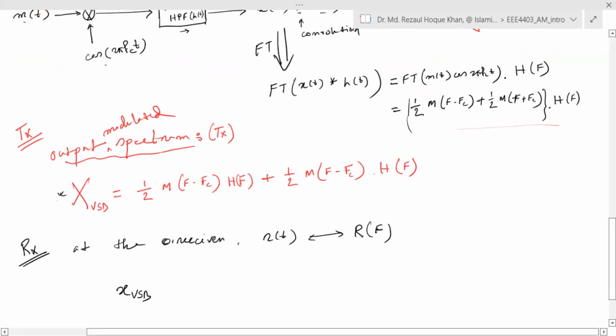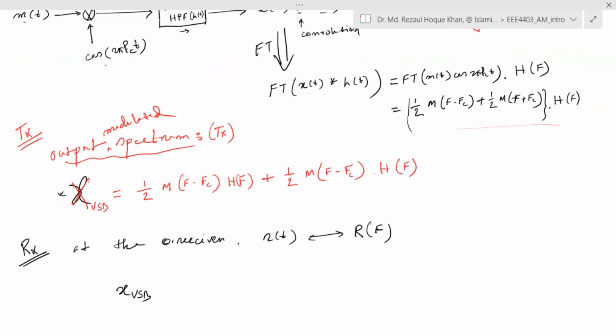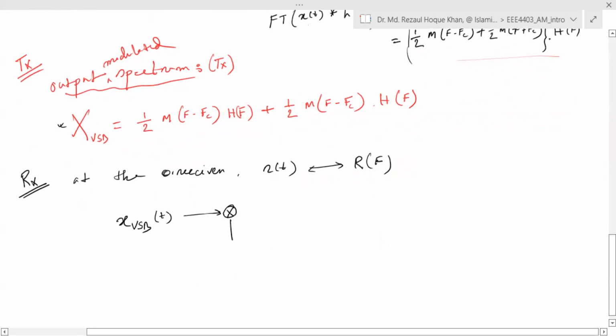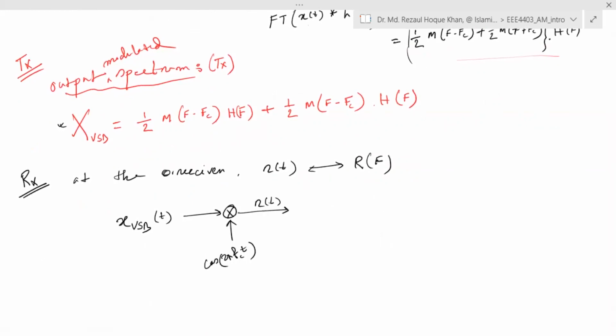We receive the signal x VSB, which in the time domain we multiply by the carrier cos 2π fc t again to down convert the signal. Previously it was up converted, now it will be down converted. Then we get the output of the demodulator.